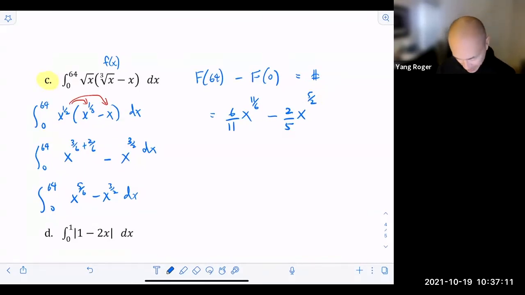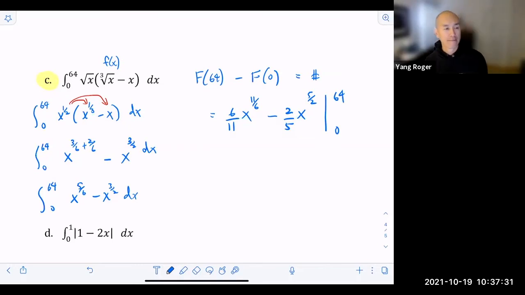Now, when we're doing a definite integral, as we had discussed last class, you don't need to put the plus c because you're just going to be subtracting two numbers anyways. You'd have plus c and then minus c, and then the c's would cancel out. So for a definite integral, we just put a vertical line here and go 0 to 64. Like that. All right.